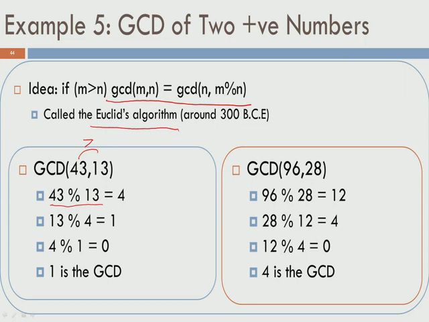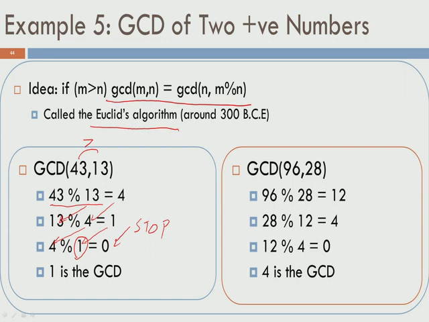So 43 divided by 13 gives a remainder of 4, and now you take 13 and the remainder 4, you do 13 percentage 4, that is 1, and then you take 4 percentage 1, this is 0. So at this point you stop and you report this as the GCD, right. So 43 and 13 are both prime numbers, there is no common factor, so the common factor is indeed 1, therefore 1 is the GCD.